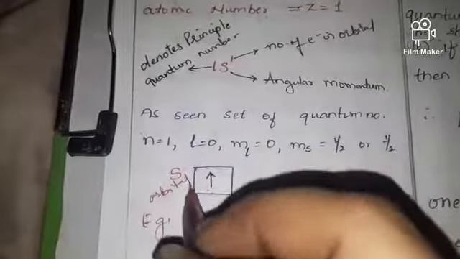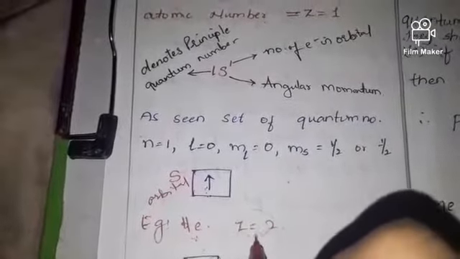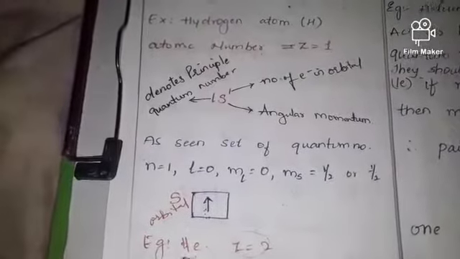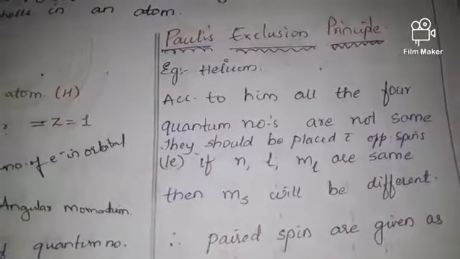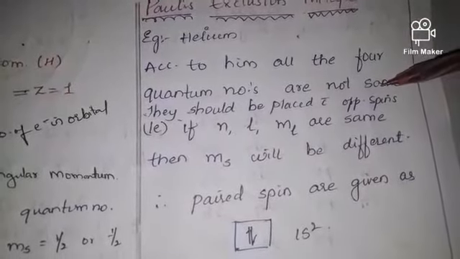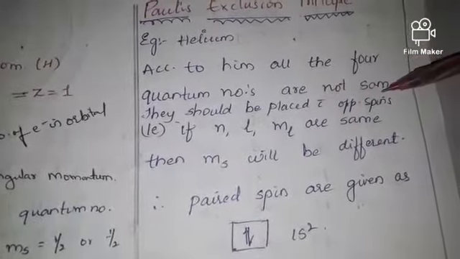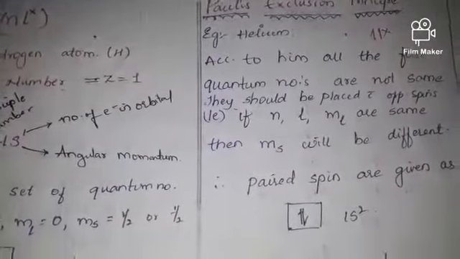For example, if we take helium, Z is equal to 2. Then what will you write there? For that, Pauli explained the next principle. According to him, for an example like helium, all 4 quantum numbers should not be the same. The electrons should be placed with opposite spins. In hydrogen we gave 1 spin, but here 2 same spins should not be available.